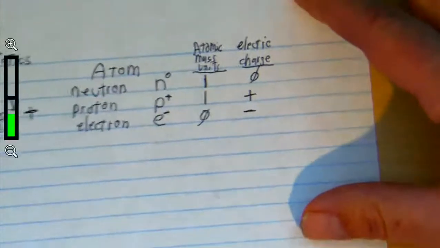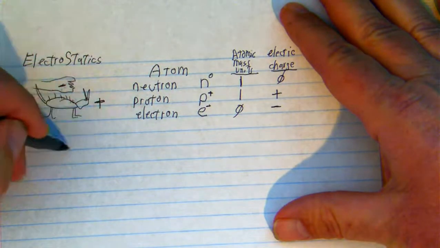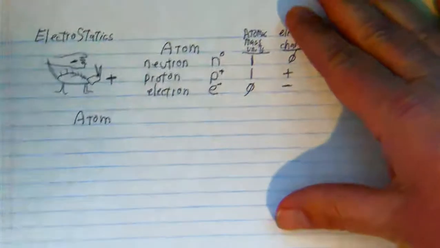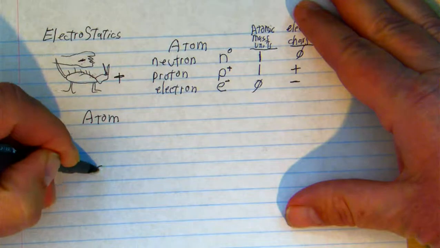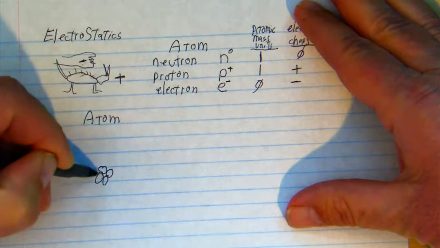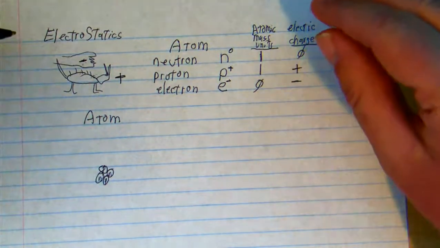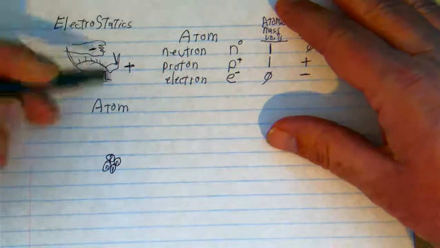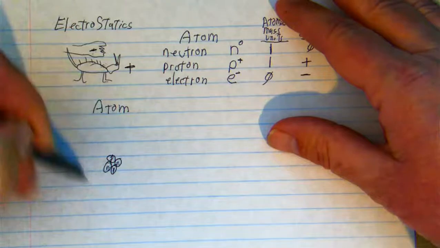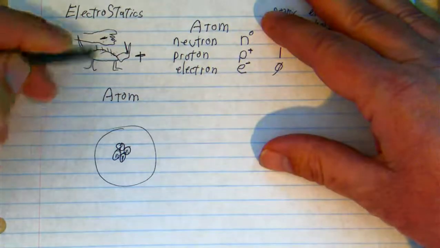When we think back to beloved chemistry class, we can remember that physically an atom has a nucleus. And here I could say, oh, I got 2 protons, 2 neutrons, so a helium nucleus. And then it's surrounded by an electron cloud, or I could just do a Bohr model and draw a little orbit going around it.